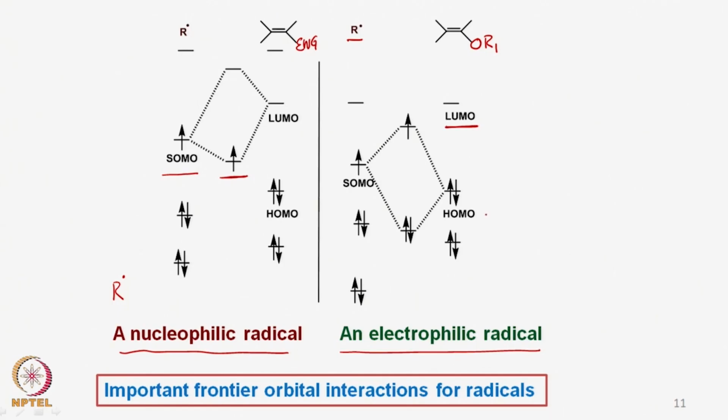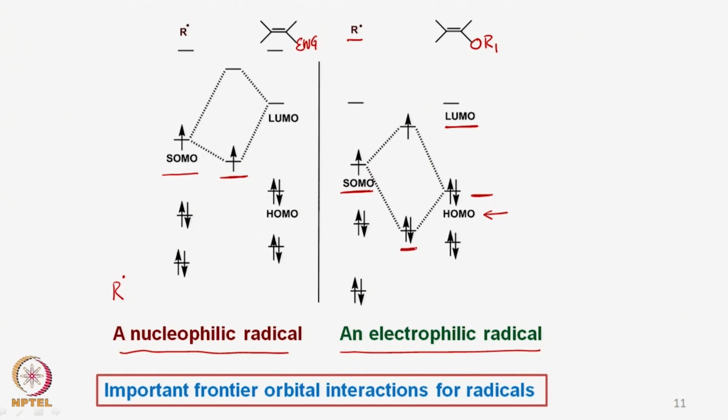The HOMO, the highest occupied molecular orbital, would also be of higher energy, but then the SOMO of the electrophilic radical and the HOMO of the olefin would be easy to interact with, the energy gap will be less, and therefore one generates the corresponding radical with this kind of arrangement.